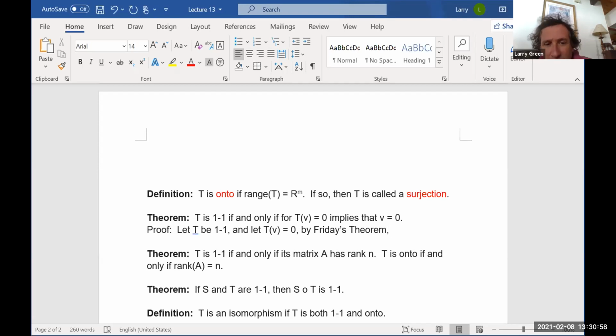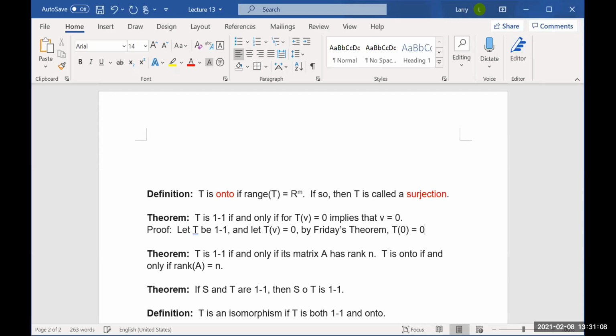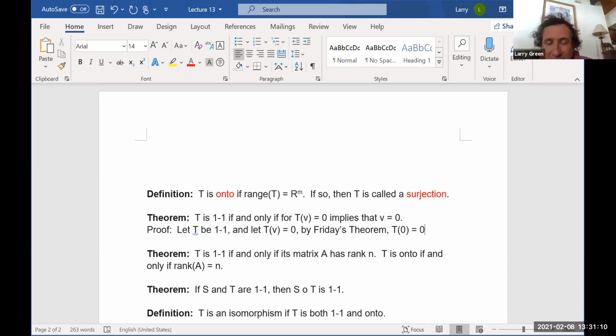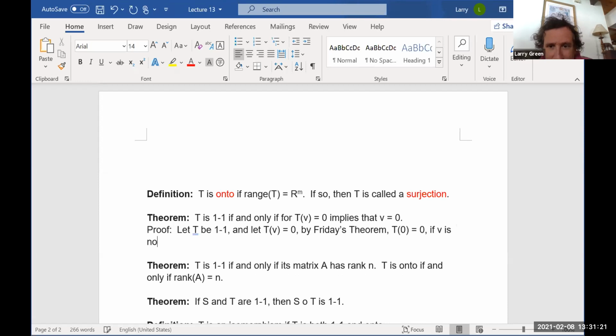We do know that what's T of 0? Always the 0 vector. We know T of 0 is 0, period. So the idea here is that if V is not 0, then what can we do?